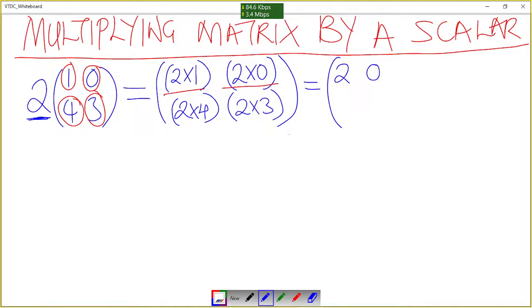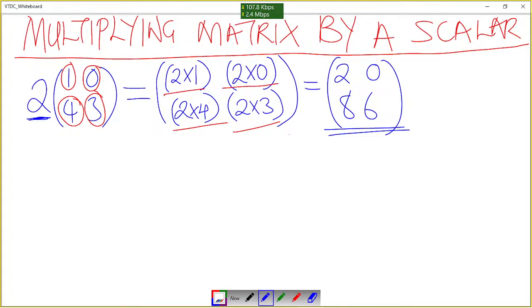Then 2 by 4 will give us 8. Then 2 by 3 will give us 6. Like this, we have multiplied the matrix by a scalar successfully. That's how you multiply a matrix by a scalar.